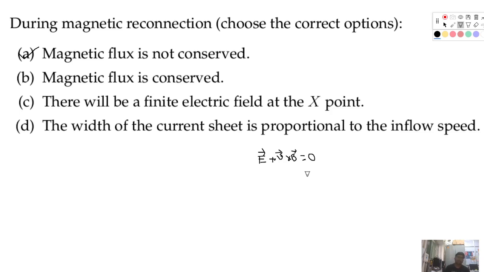But when you are considering resistive MHD, then instead of this 0, you have eta J, where J is the current density and eta is the magnetic diffusivity. Now this E plus v cross B is basically the total contribution for the electric field at that particular region, and this is a non-zero value, so there will be a finite electric field at the X point.